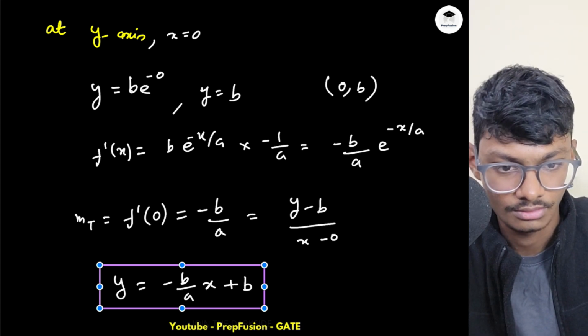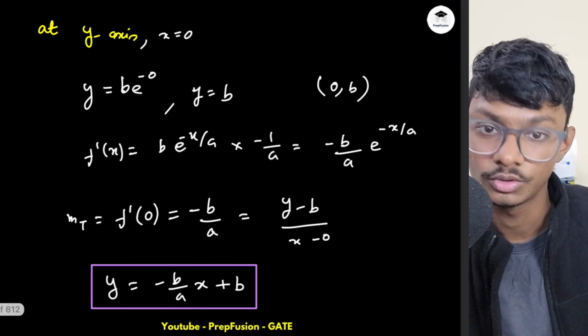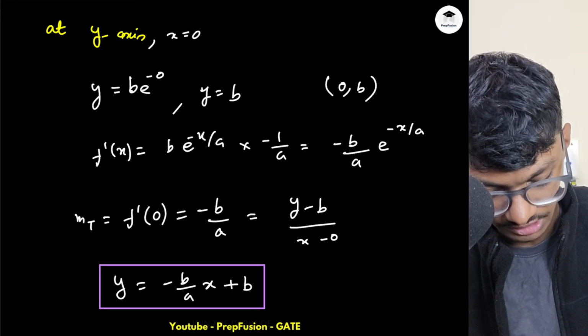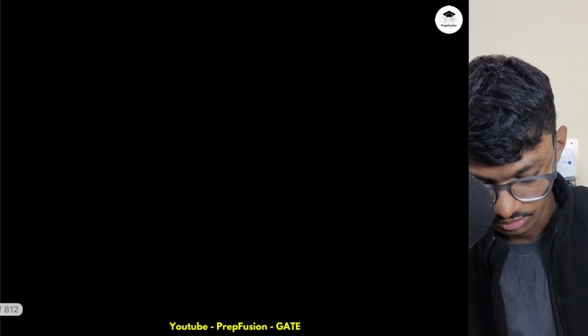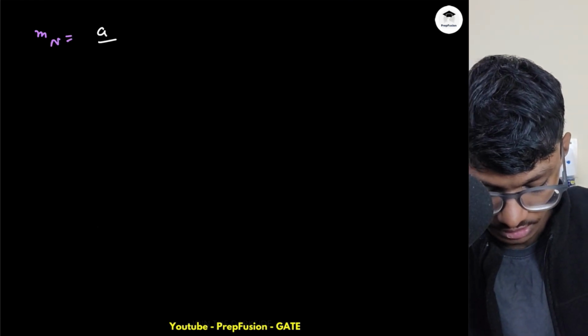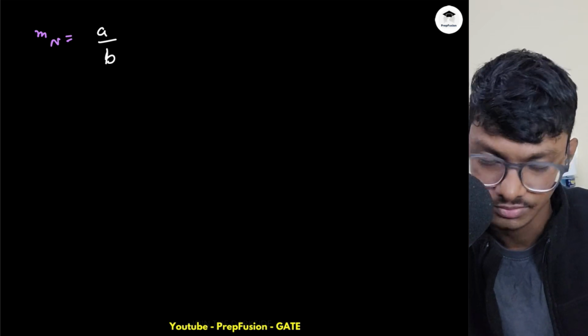Now let's find the equation of the normal. The normal slope will just be the negative inverse of this. So mN will be the negative inverse, which is a upon b. Negative of negative is positive.